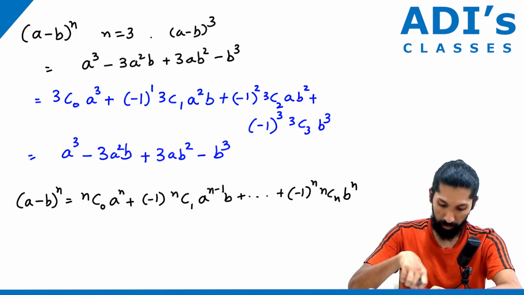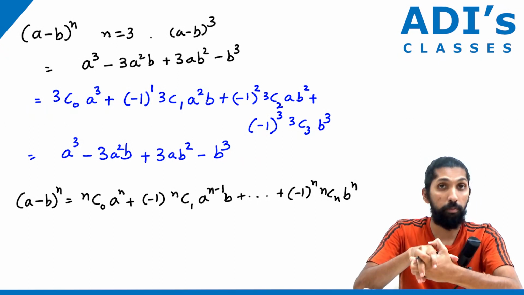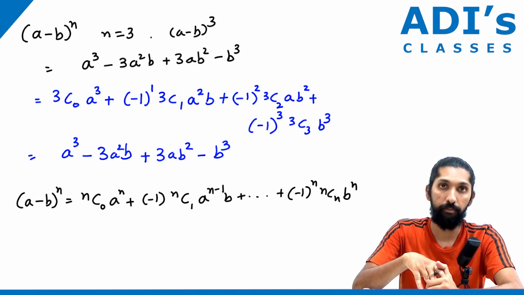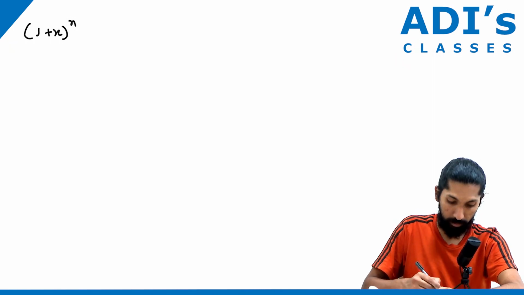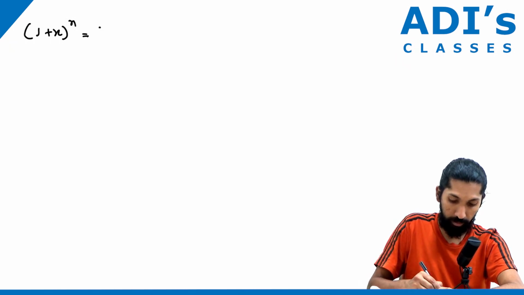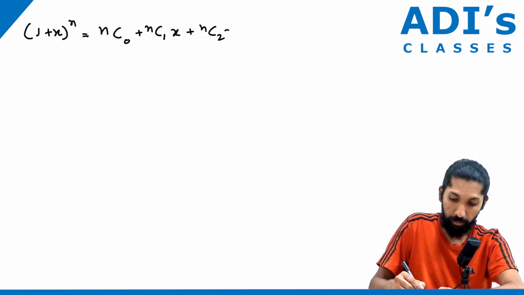Now there are certain shortcuts, small shortcuts, that we'll also discuss. All right. Suppose you have, say, (1 plus x) whole power n. This you can just write as nc0 plus nc1 into x, plus nc2 into x square, and so on and so forth till ncn into x power n.